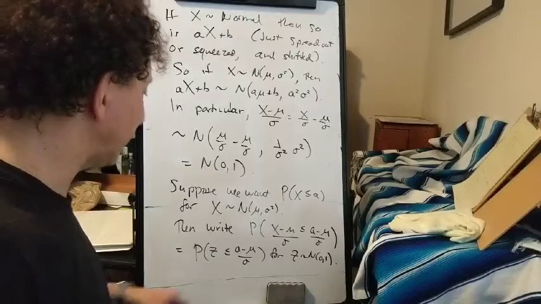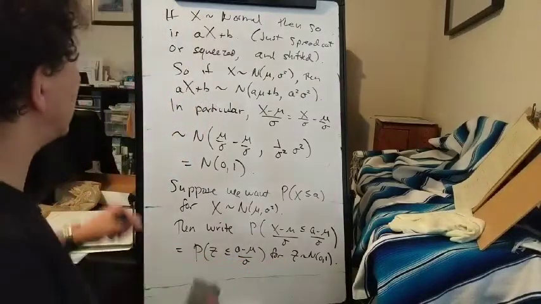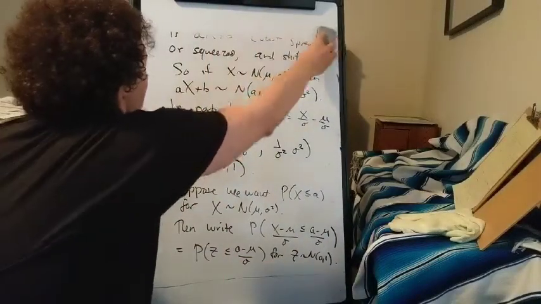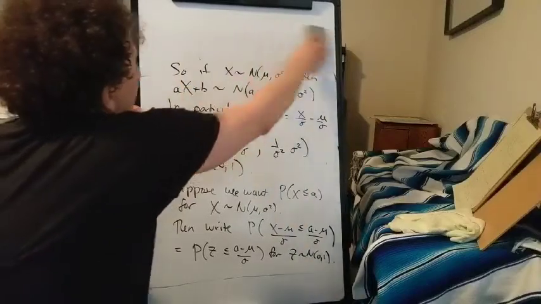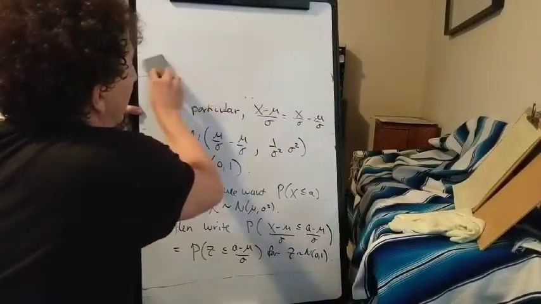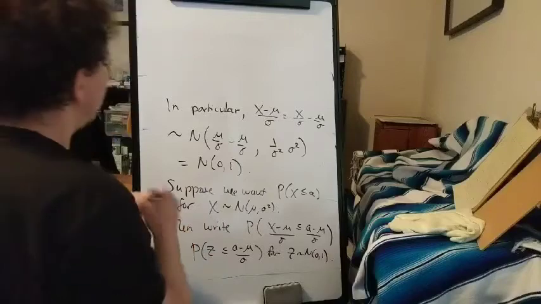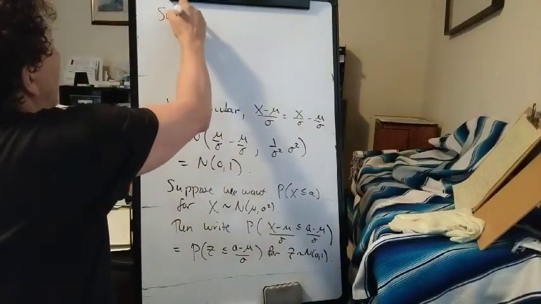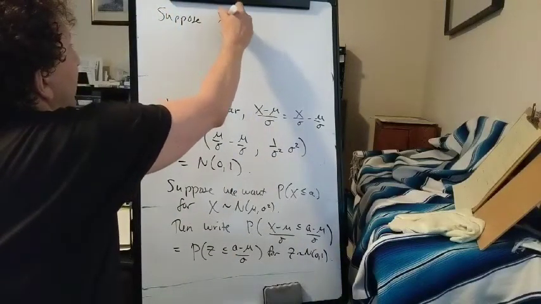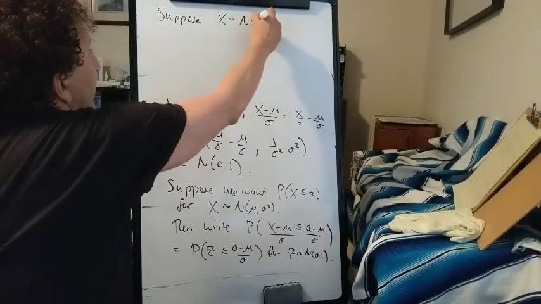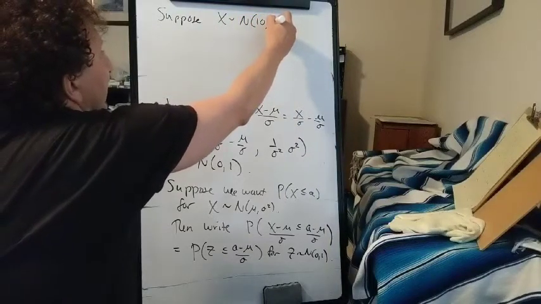All right, let's do one example with numbers. Let's suppose X is normal with mean 10 and variance 2.